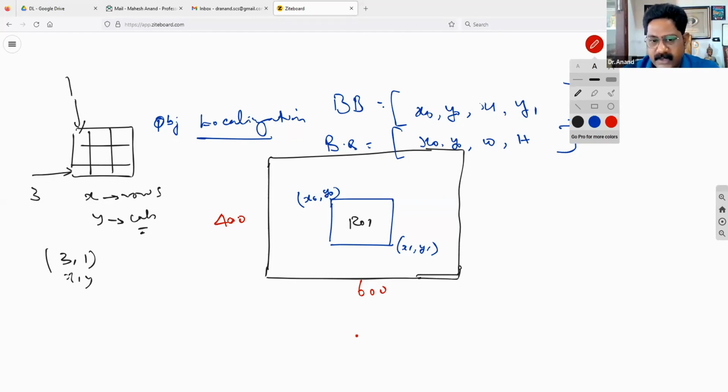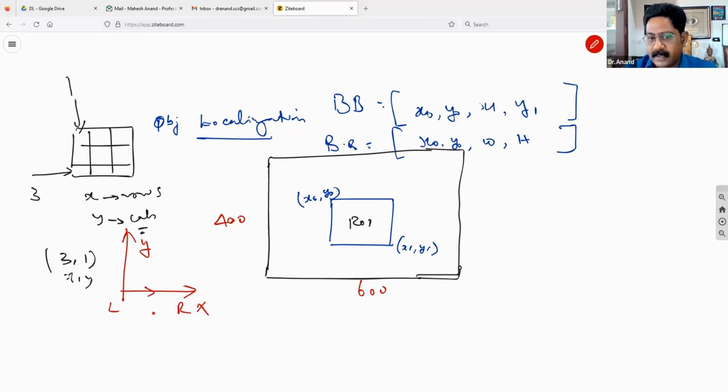In the Cartesian coordinate system, you know, x-axis, y-axis. The X-axis is the axis you move from left to right, isn't it? Actually, when you move from left to right in an image, you are traversing the columns. Please understand.